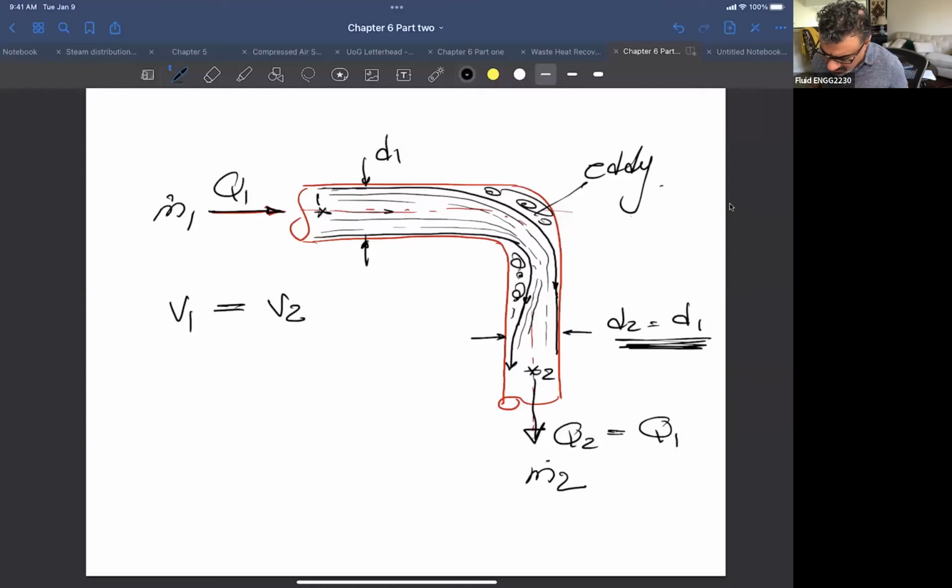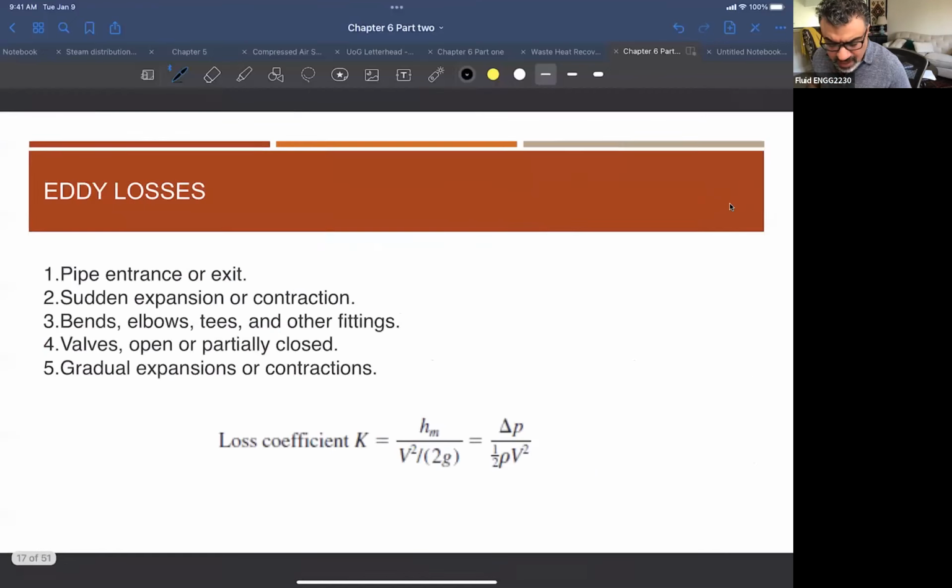So those are the eddy losses, and I hope you understand the idea behind the topic of eddy losses here. We call them secondary losses because the main losses are friction, and the additional losses we call secondary losses. The magnitude of these secondary or eddy losses depends on how many components you have in the system.